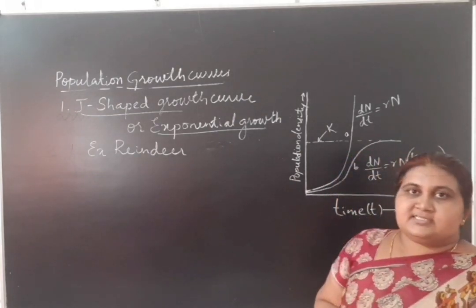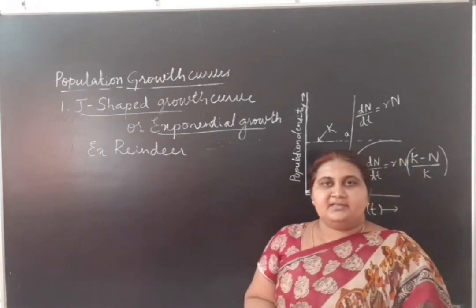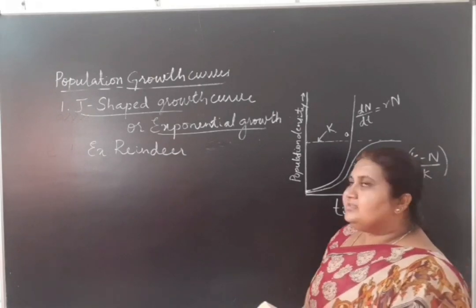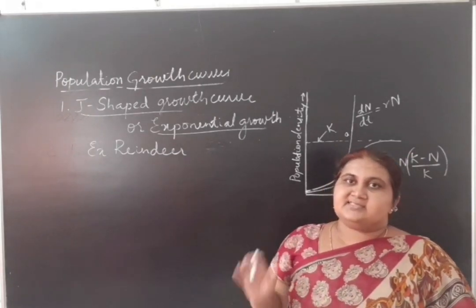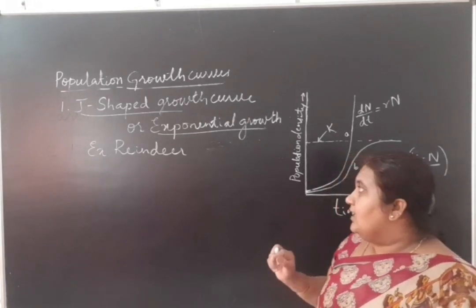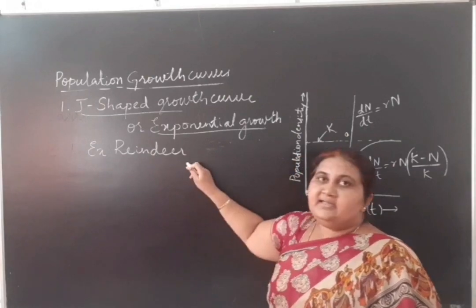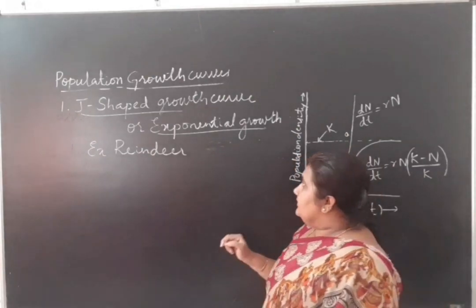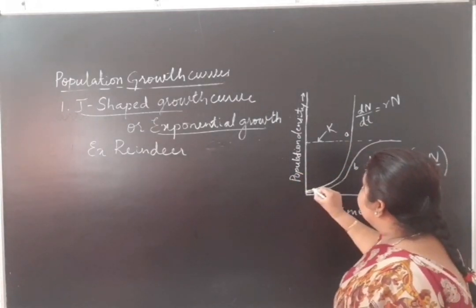The reindeer are removed from their natural habitat and kept in a new habitat, a new area with plenty of natural resources, that is space as well as food, and there is no predator effect and there are no competitors.